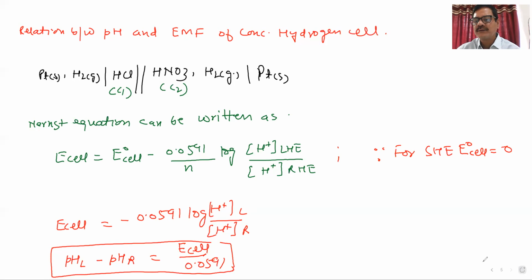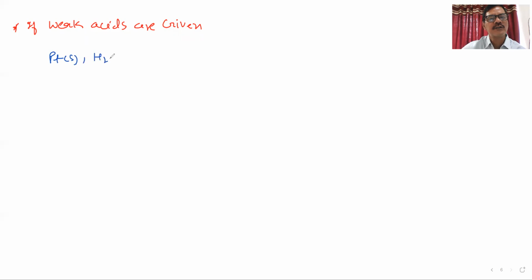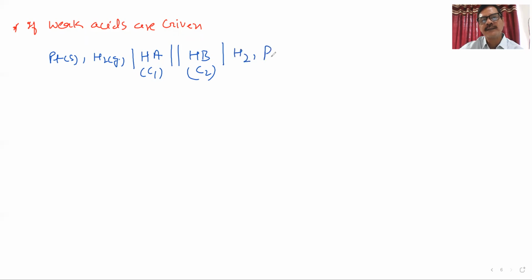If weak acids are given, that is Pt solid, H2 gas, HA is the weak acid with C1 concentration, and HB is another weak acid with C2 concentration, H2 gas, Pt solid.